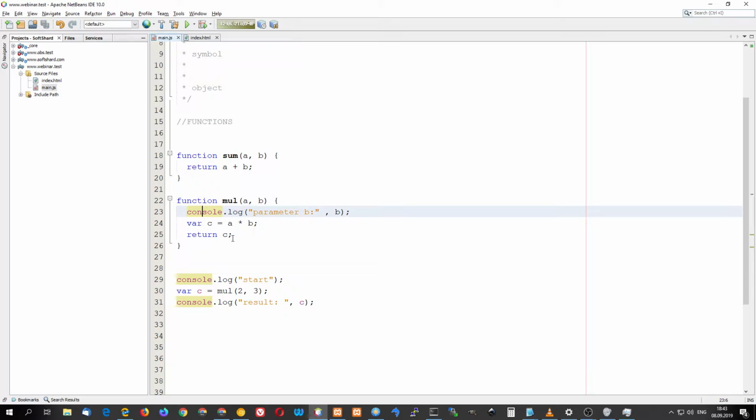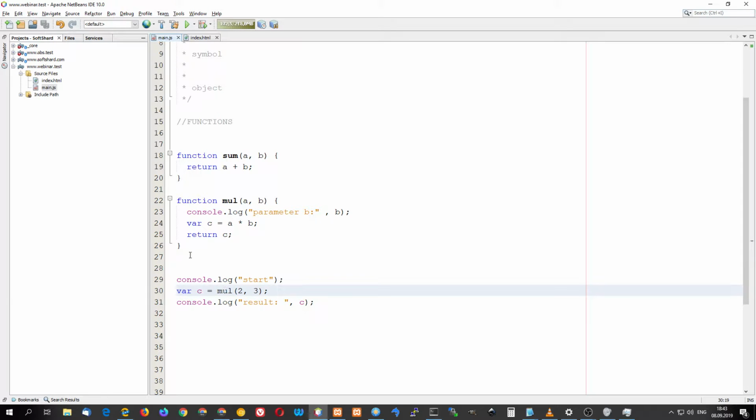Then when the function returns, the function ends, the program jumps back here, or actually here, which means this gets evaluated, returns C, which in this case is going to be 6. C is assigned a value of 6, and the program continues with outputting the result.